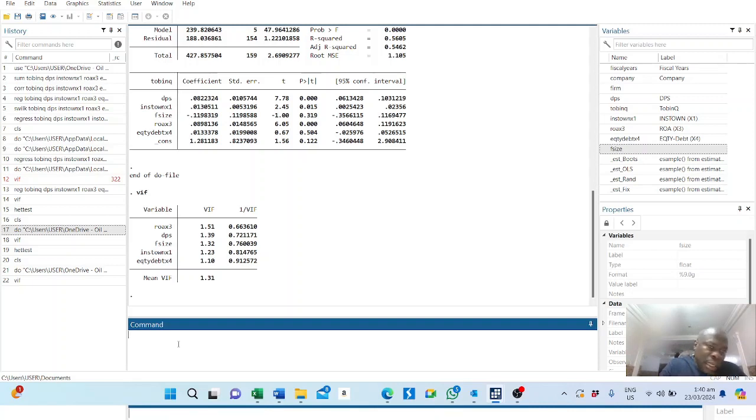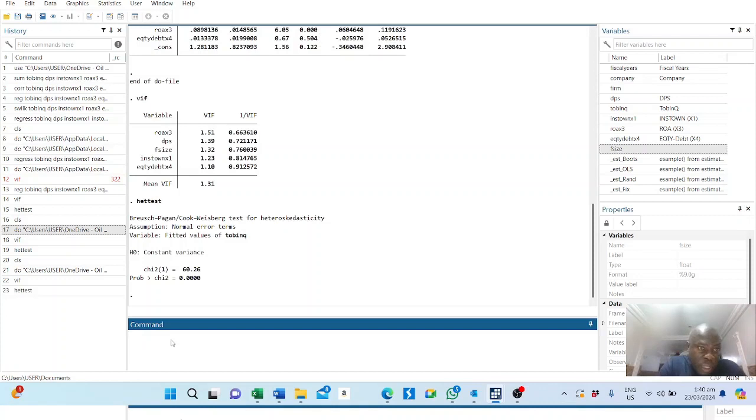The next thing is we need to check for the presence of heteroskedasticity in our model. The command for heteroskedasticity is simply hettest. Enter.